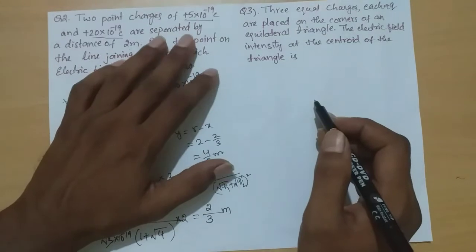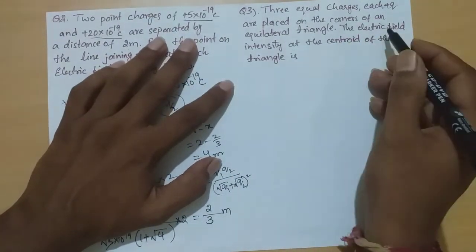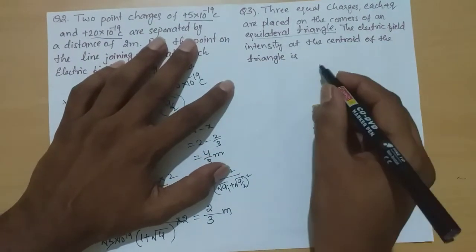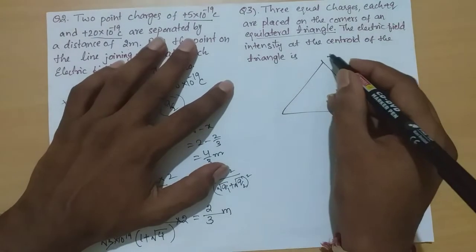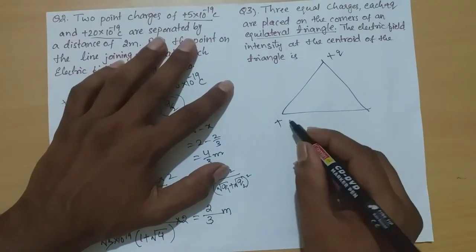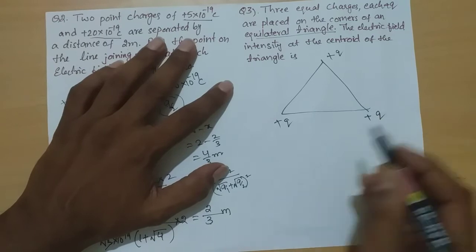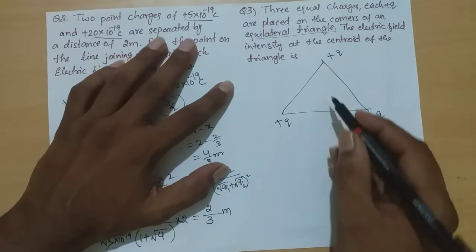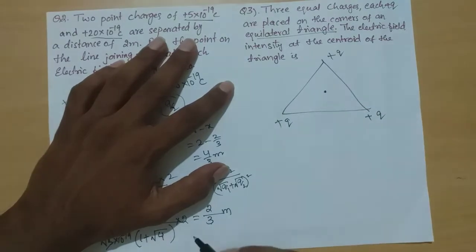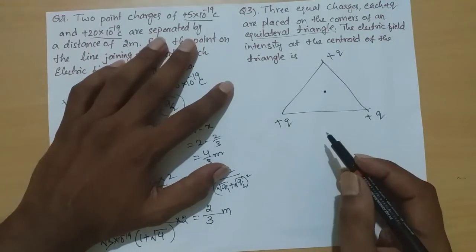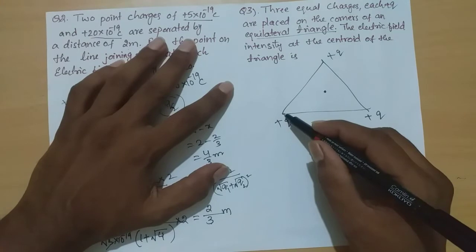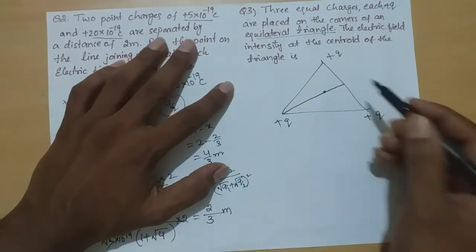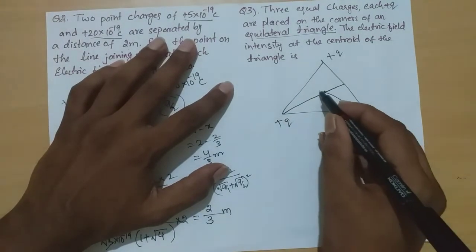Three equal charges, each plus q, are placed on the corners of an equilateral triangle. Okay, this is the equilateral triangle, plus q and plus q. The electric field intensity at the centroid of the triangle is, at the centroid we have to find. Centroid is nothing but the point of concurrence of medians.